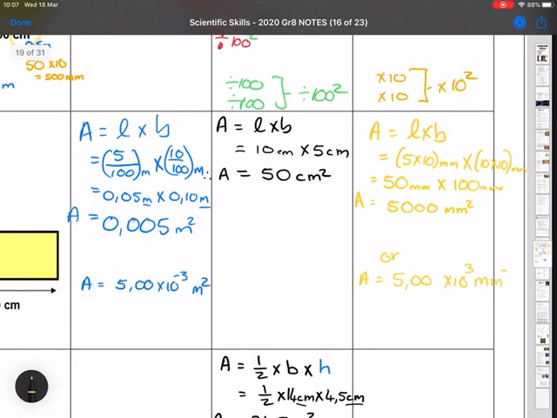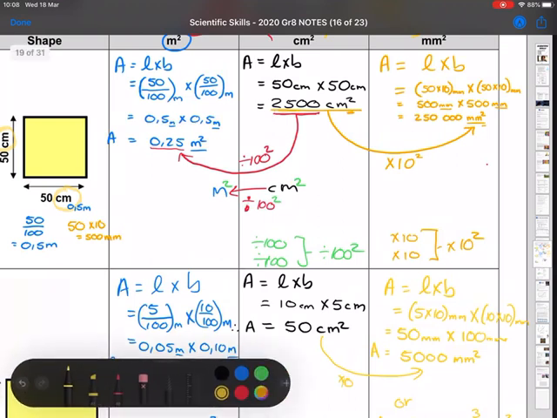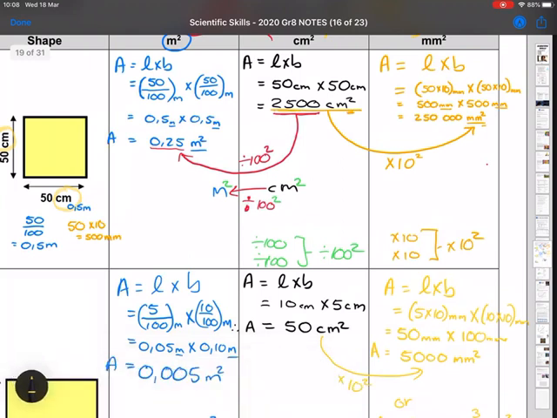And our units will still be millimeters squared. So 50 square centimeters is actually 5,000 millimeters squared. Remember, normally converting from centimeters to millimeters, you would multiply by 10. But because we're working in 2 dimensions, you have to multiply by 10 twice. So in other words, you're going to go times by 10 squared, or times 100 in the end.